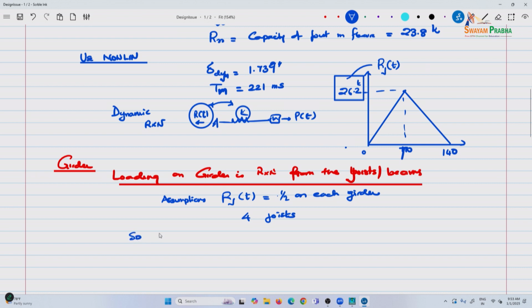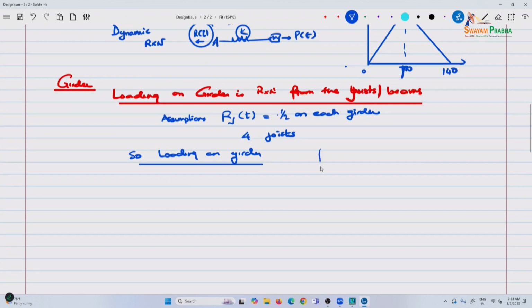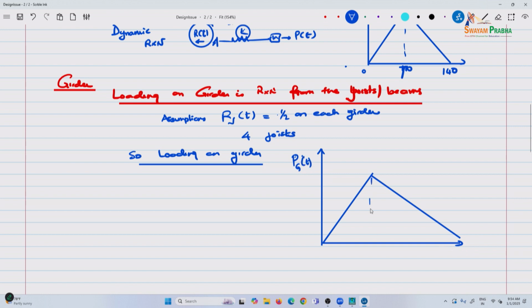So the loading on the girder can be taken to be the same thing, because we can input a triangular part quite easily. So the loading, say P on the girder, as a function of time going to 70 and 140.